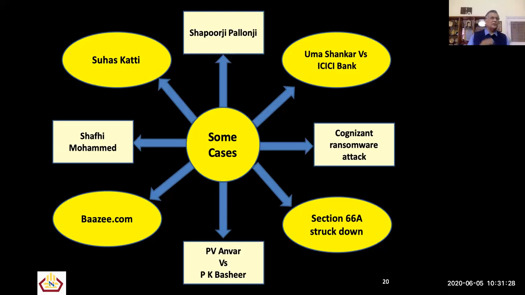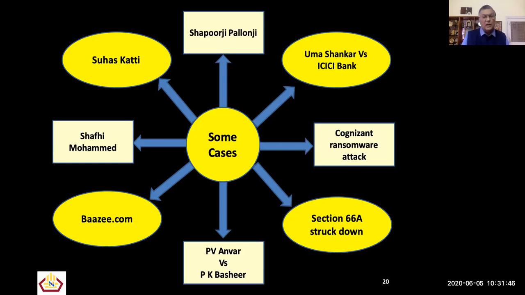The Umashankar case, I told you, is important because historically this is also one of the first cases in which the bank was asked to pay the money to a phishing victim. Then there was the Bozzy.com case, which happened again in 2004.